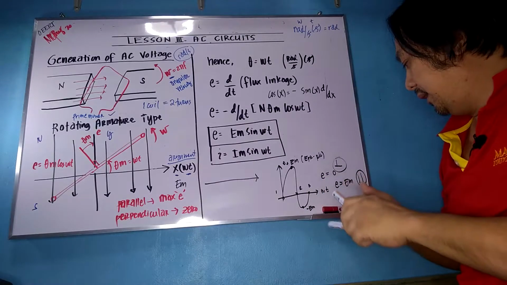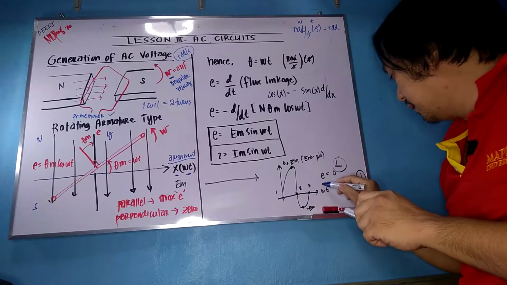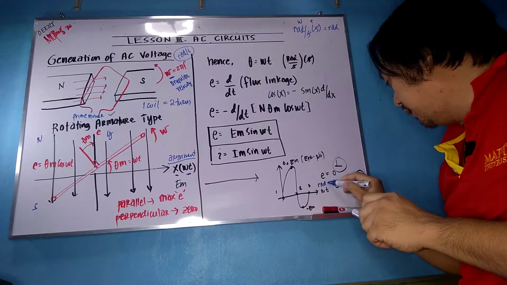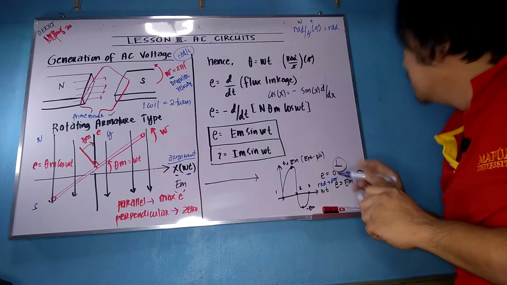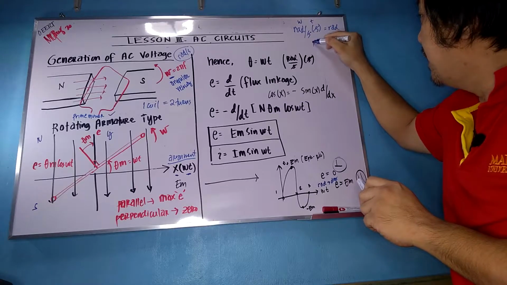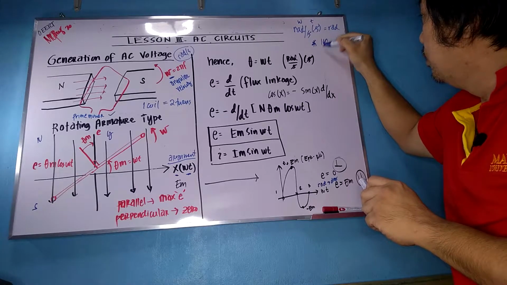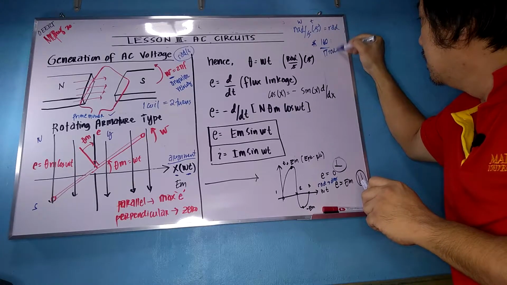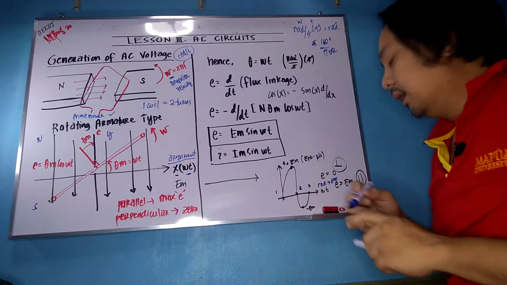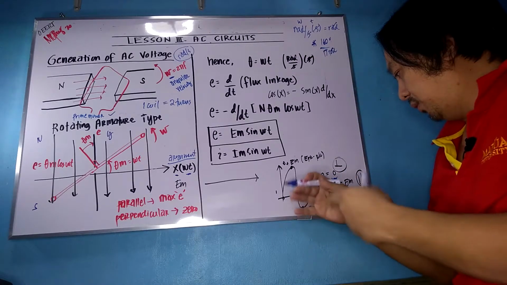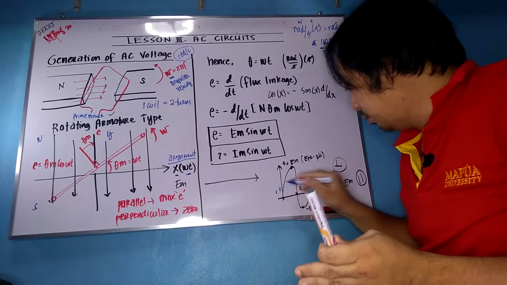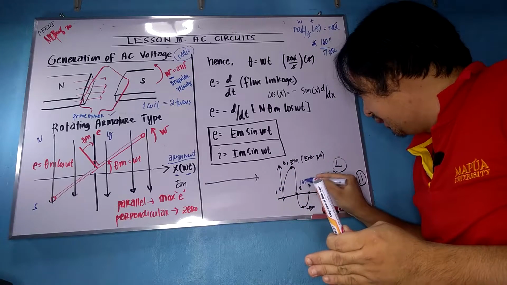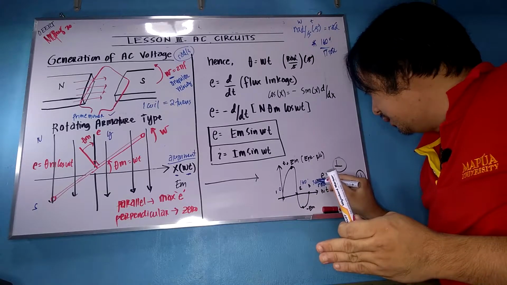And by the way, if this is in radian, we can have this in degrees. How will you do that? You multiply it by 180 over pi. Now if you convert it to degrees, you have 0, 180 degrees, and 360 degrees.